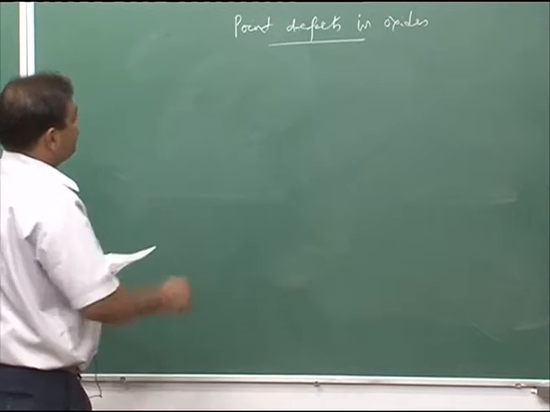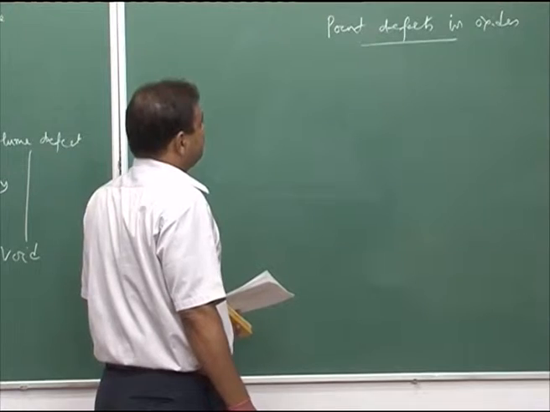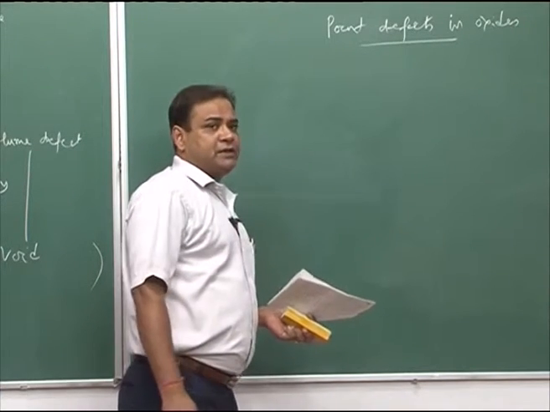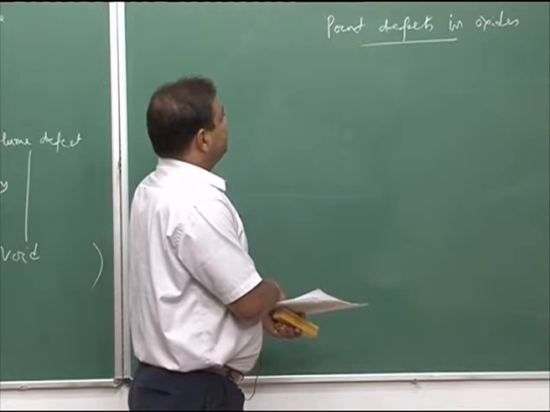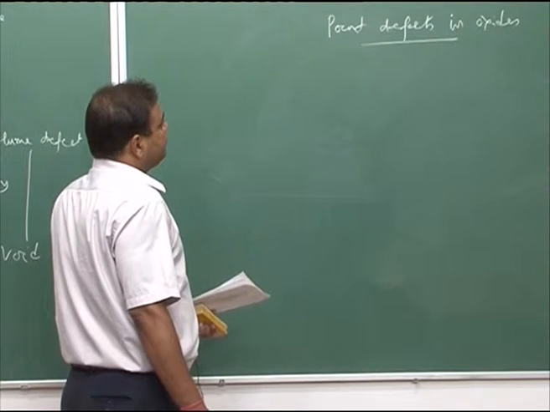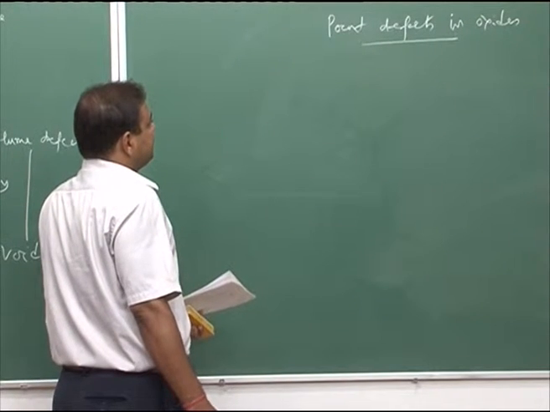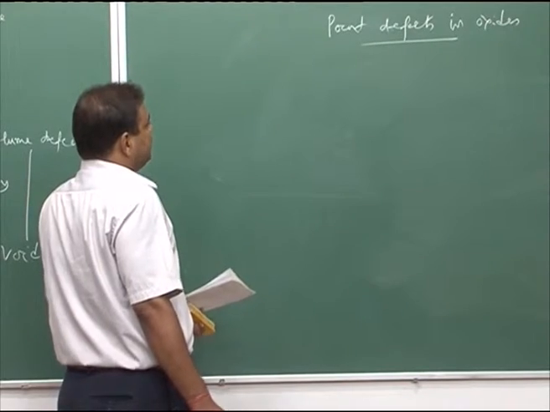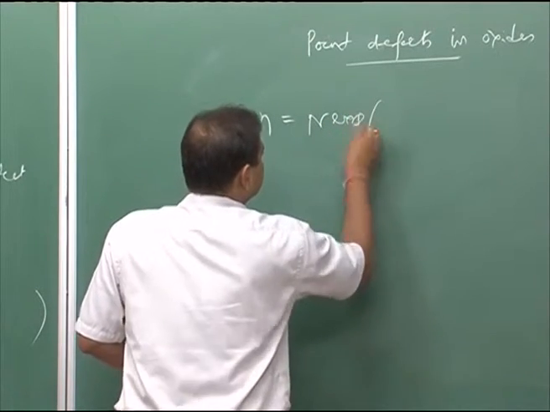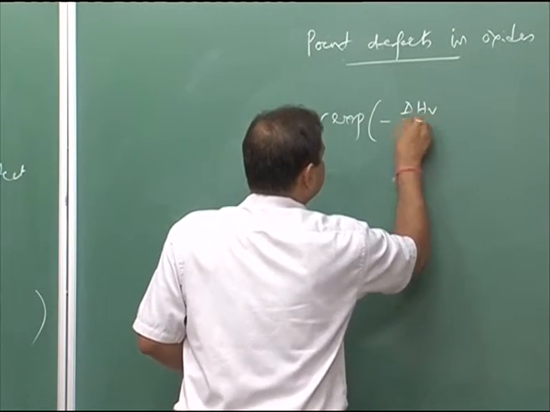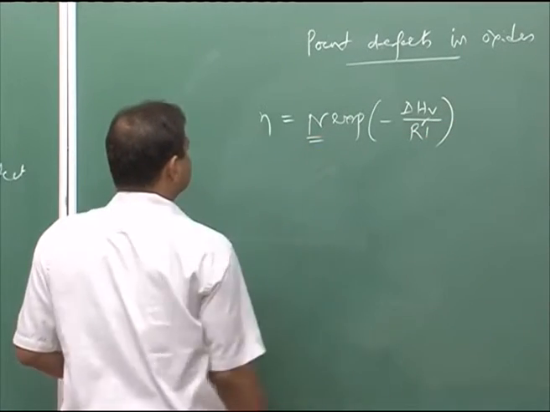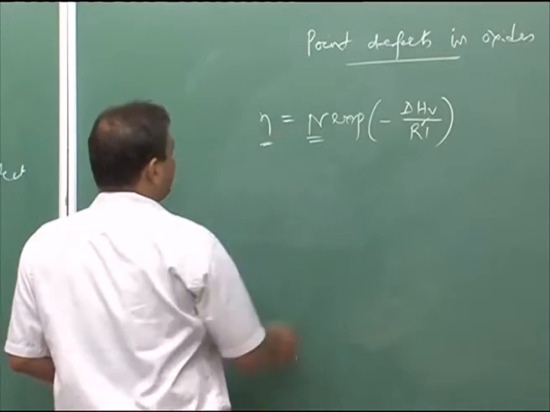Before coming to the point defects, we know that point defect is thermodynamically stable, and the amount of point defect that exists in a particular solid is determined from this formula, minus delta H_V over RT, where N_A is the Avogadro number and n is the number of point defects.